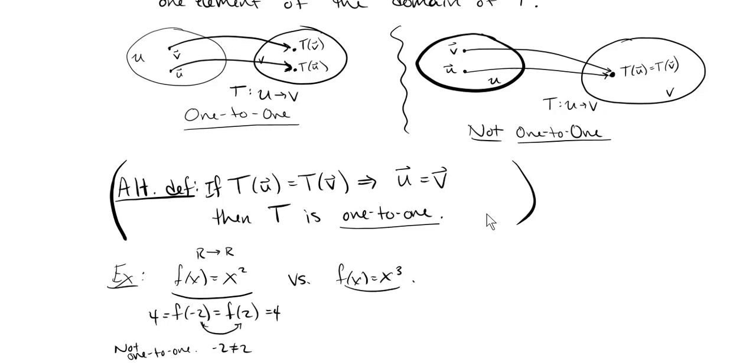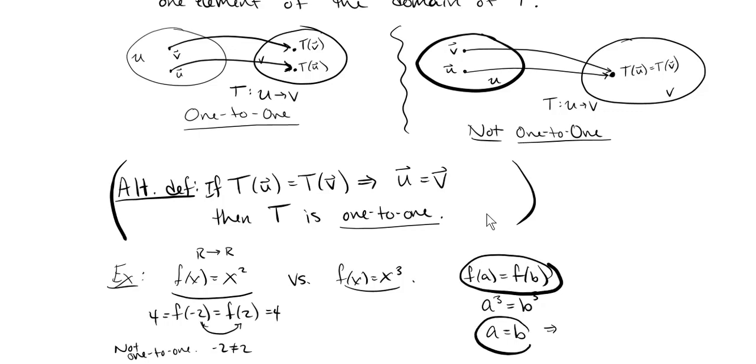Something like f of x equals x cubed, well, notice if we wanted to test whether this is one-to-one, we might say, okay, assume you have two equal output values, range values, f of a and f of b, that are the same. Well, f of a is just a cubed and f of b is just b cubed. Here you can actually take a cube root of both sides and see that there's no other option: a must be b. So that implies that if our function values were equal, our input values must have been equal. That's this alternate definition.